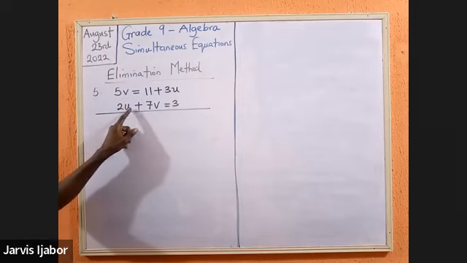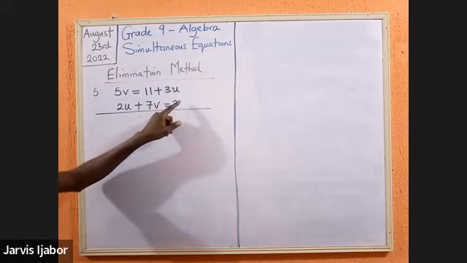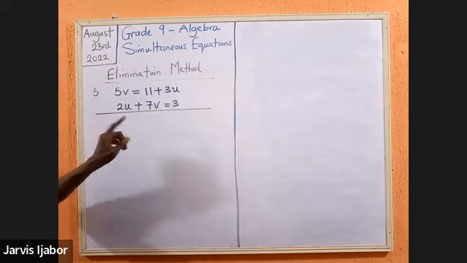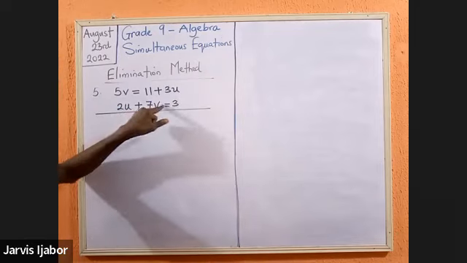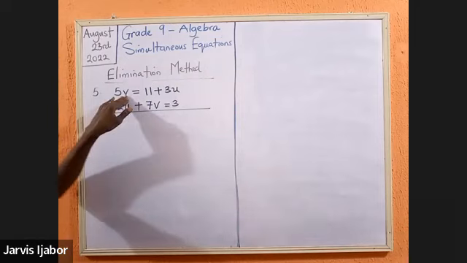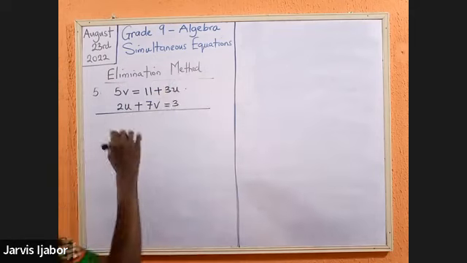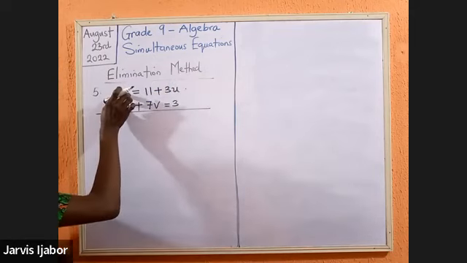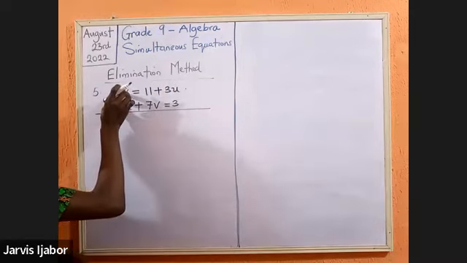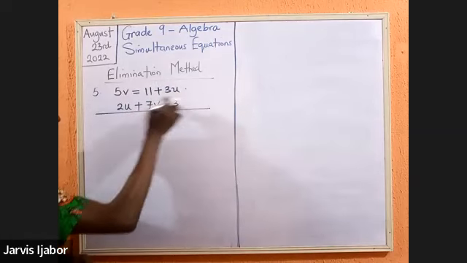Now, watch the second equation. You have 2u plus 7v equal to 3, which means that the order we want is u and then v. You have v here, you have u here. So I have an issue here because the terms are not in the same order, so I need to rearrange this.